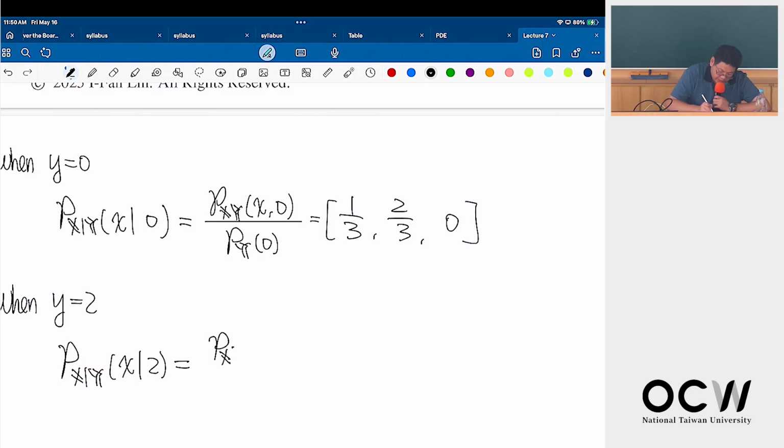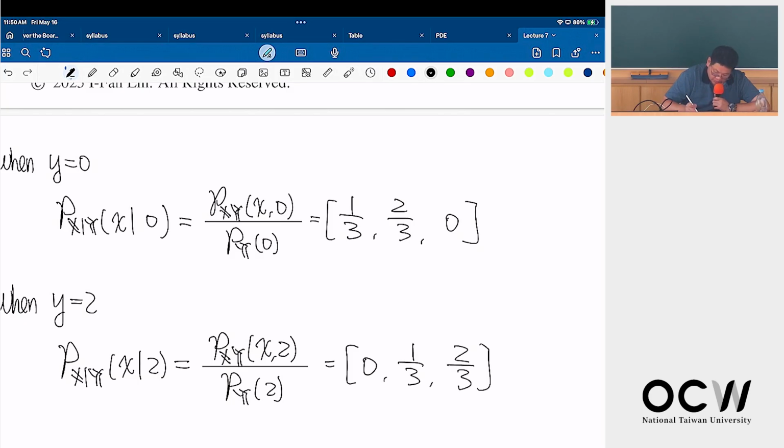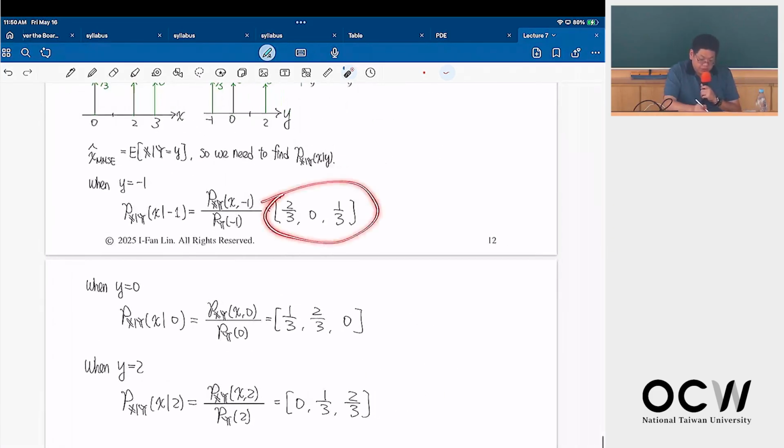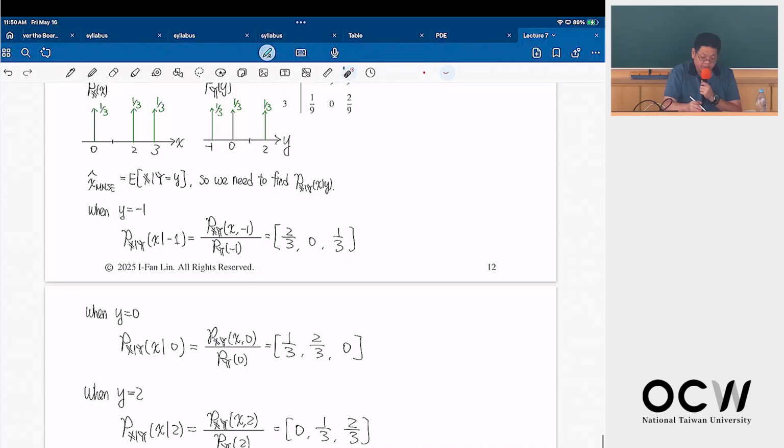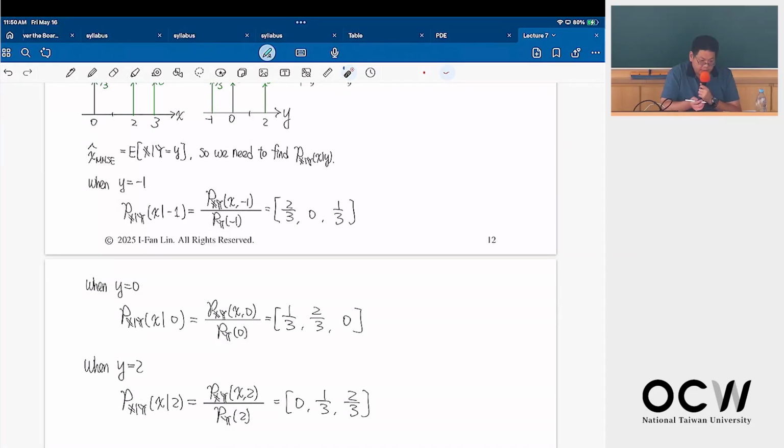Similarly, we have the joint PMF of X and 2 divided by the marginal PMF of Y at 2, and here we have 0, 1/3, 2/3. You can also check this: if you sum it, it is still 1, so it is a valid PMF. Every time you need to check that they add together to 1, to satisfy the properties of a PMF.